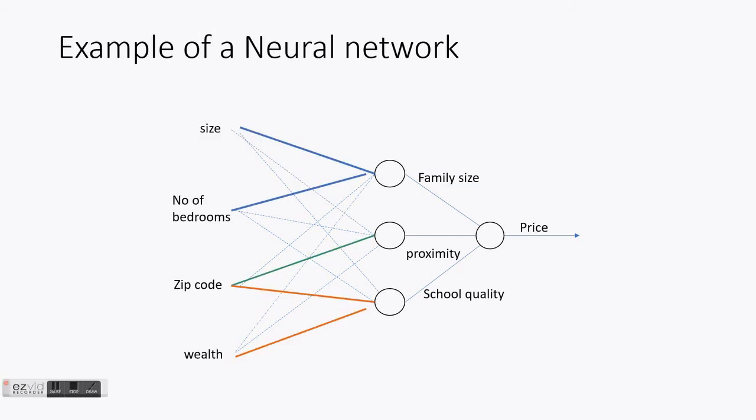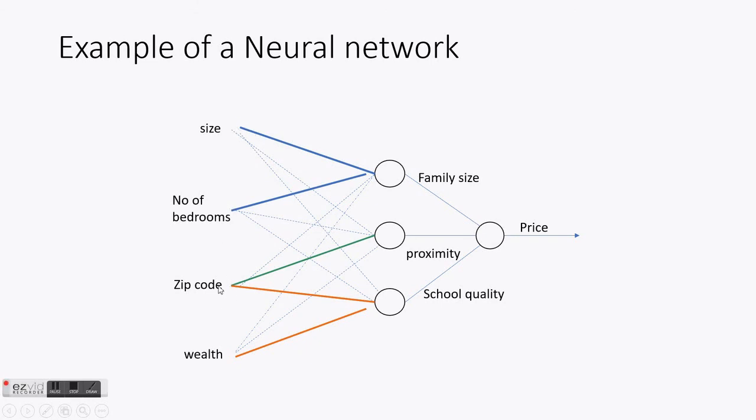Now let us see how a neural network functions. Let us assume we are trying to estimate the price of a house given the size of the house, the number of bedrooms, the zip code of the house, and the wealth. The size and the number of bedrooms depend on the family size: somebody with a larger family will probably want a bigger house with more bedrooms.